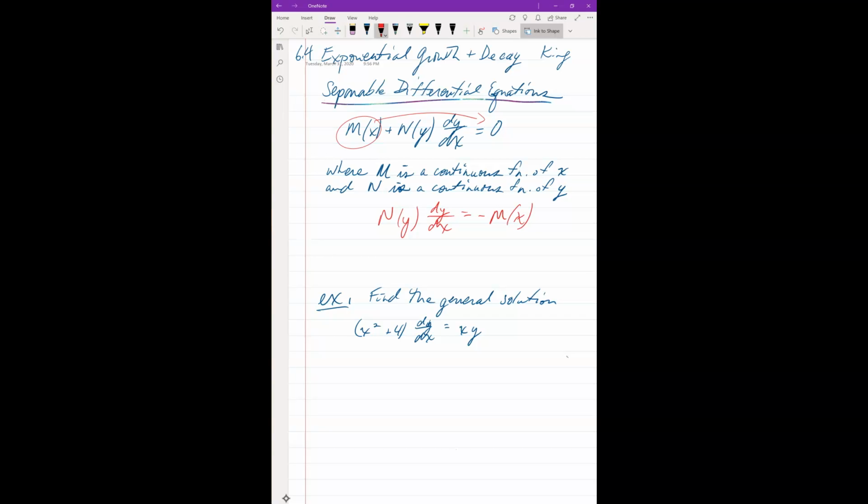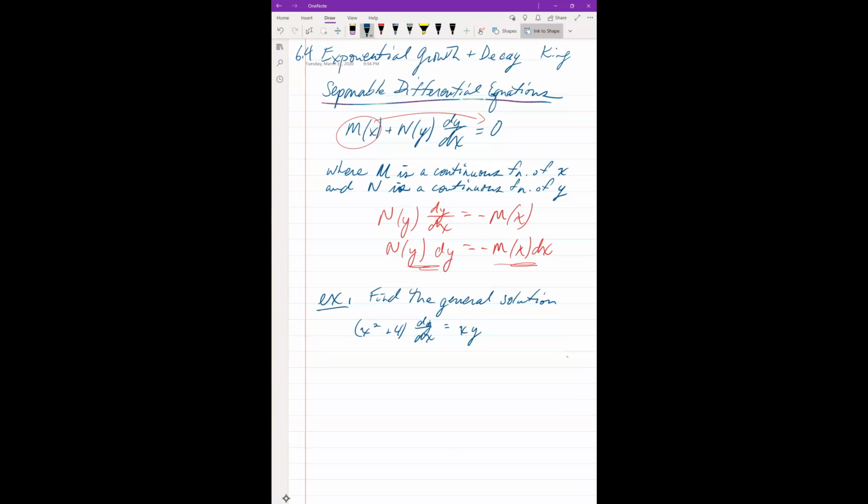Then, to get the x's with the x's and the y's with the y's, we will move dx to the other side, and we will get N(y) dy equal to negative M(x) dx. Now we can see that we have the familiar form of the separable differential equation, where we can use antiderivatives, or integrate on each side, to move towards our solution of y as a function of x. Let's turn now to the example below.